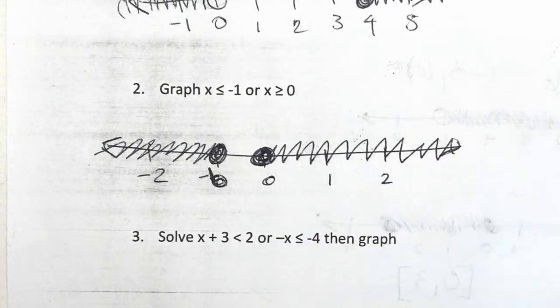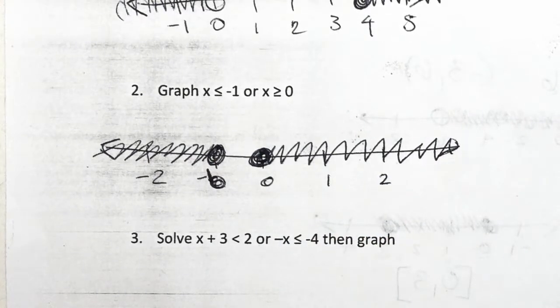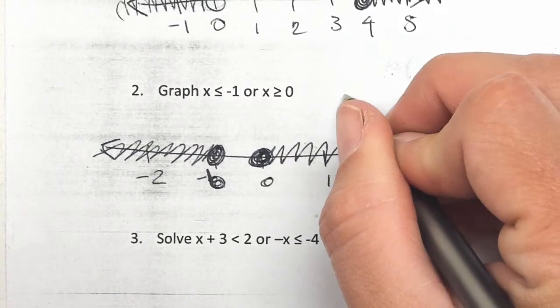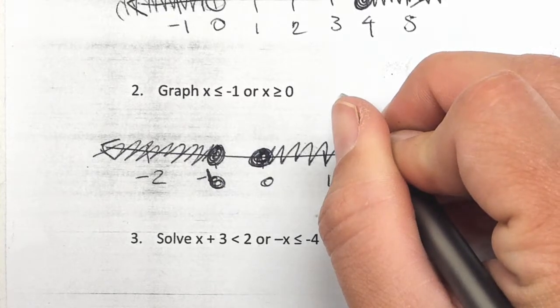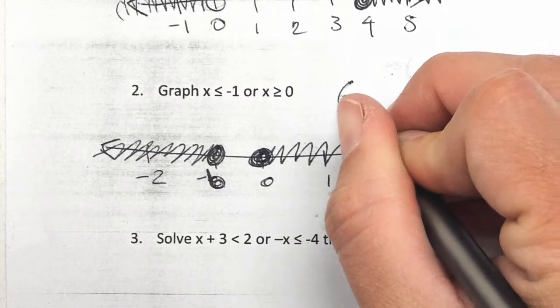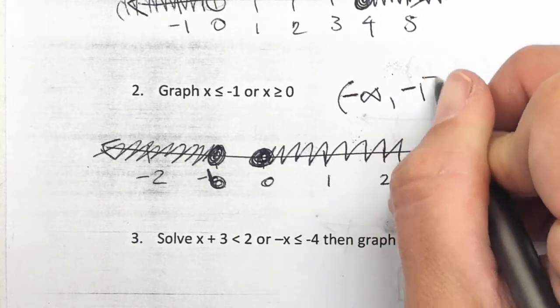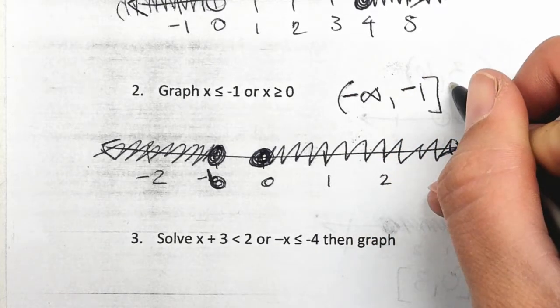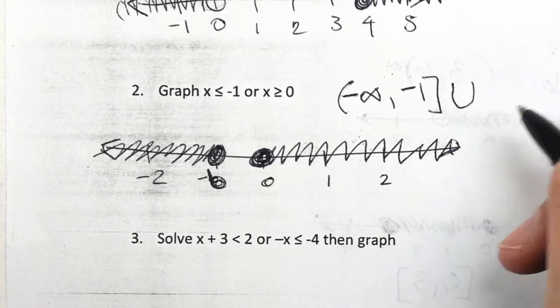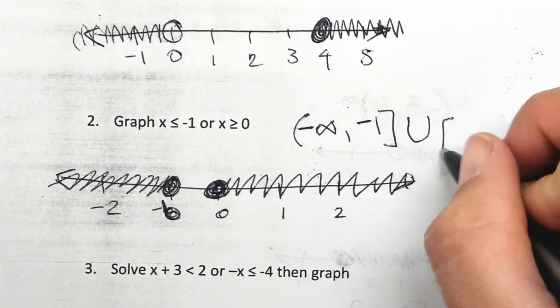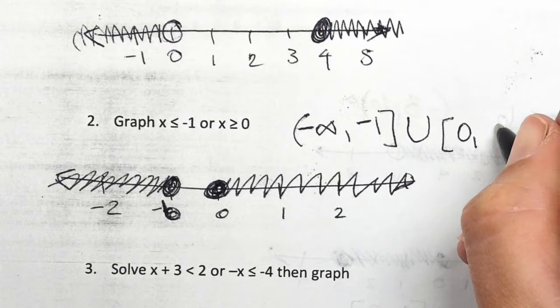Alright, tell me what my first interval notation will look like. Parentheses, negative infinity to -1 bracket. What do we put right here? U. And then the next one? Bracket 0.